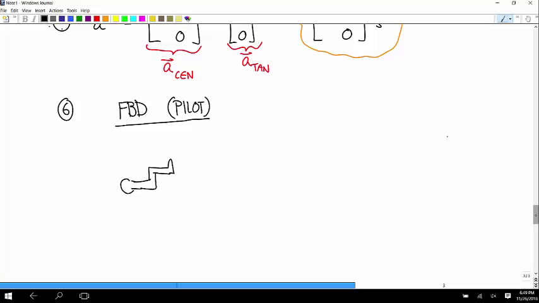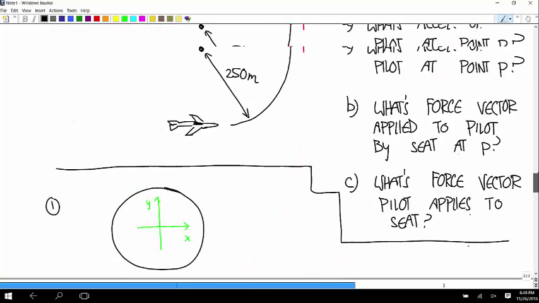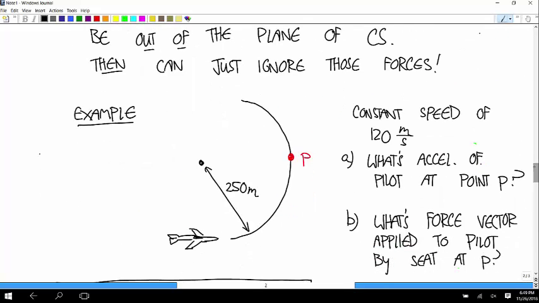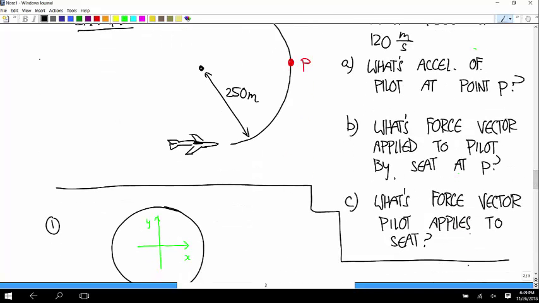Oh, I didn't give his mass. Let's pretend I did. So let's say the pilot's mass is, what do I have here? 100 kilograms.